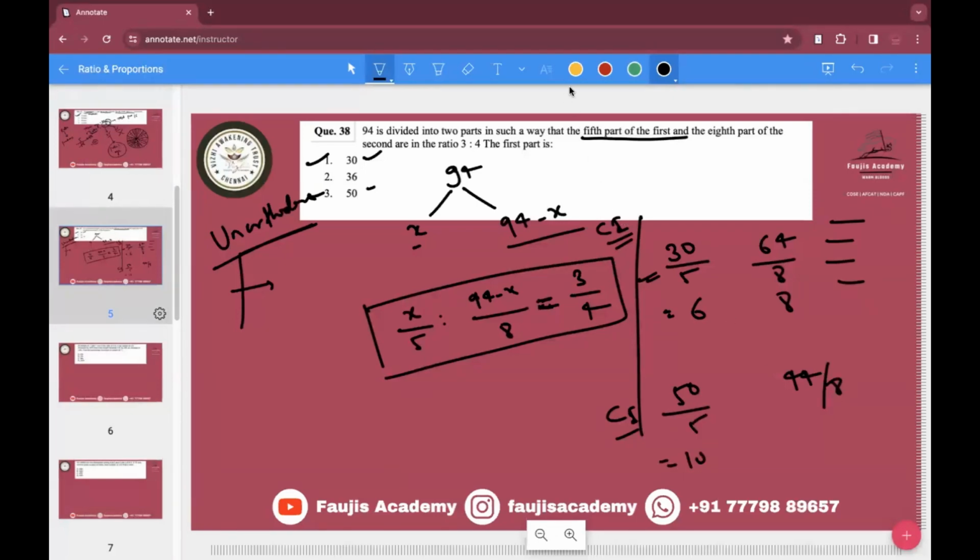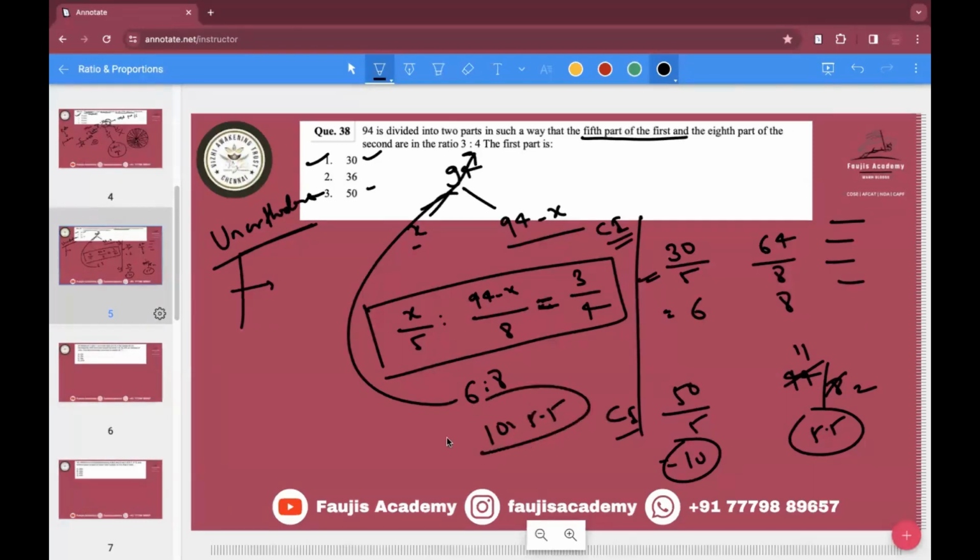We are unable to find it like that. Good morning, Sneha. We'll find it out. It's 5.5. Now tell me whether 6 is to 8 is in this ratio, or 10 is to 5.5 is in this ratio, in the given ratio.